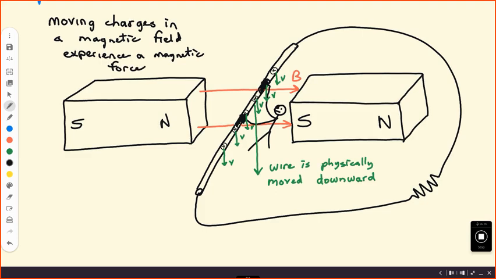Now the charges aren't moving because the battery is making them move. Now the charges are moving because they're inside a wire, and the wire is being physically moved downward by some person, and the charges are going for a ride.